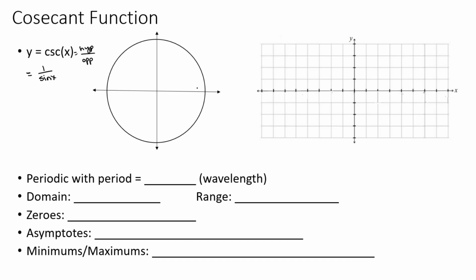Okay, so let's think of some values of sine. At 0 degrees, sine is 0. So that's going to make cosecant of 0 equal to 1 over 0, which is undefined. Anywhere these things are undefined, we get an asymptote.